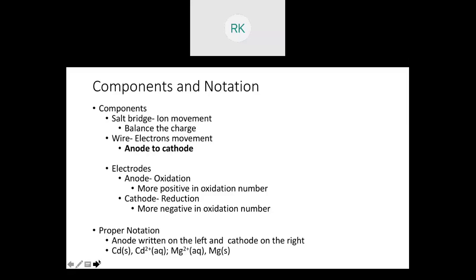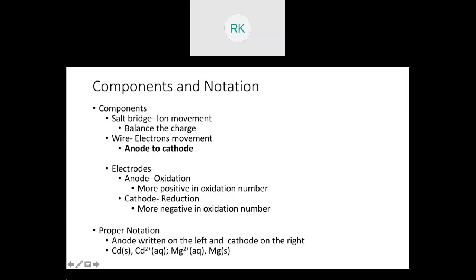In proper notation, I would expect to see this on maybe 1 or 2 questions. I had a problem, I think, last session where I gave you proper notation and had you solve for the E value based on the proper notation. So you had to know which side was the anode, which side was the cathode. But basically, the proper notation is that the first 2 things written are part of our anode, right? So our anode's on the left. Our anode is where oxidation occurs, and so our oxidation reaction is Cd solid to Cd2+, which makes sense because, again, it's becoming more positive in oxidation number, which is oxidation.